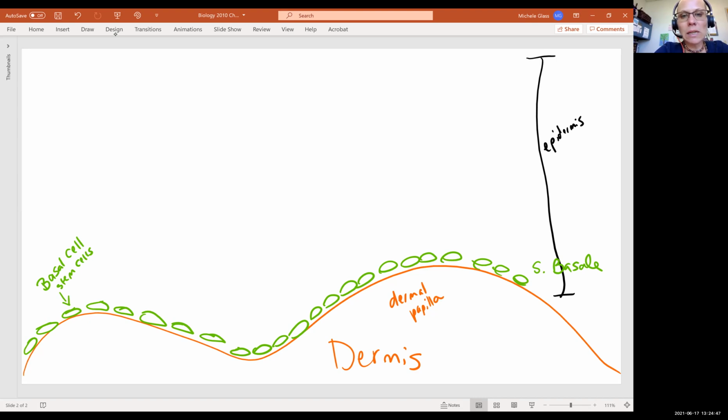And what we'll see then is this layer of cells has to be in place, constantly mitotically dividing, producing new keratinocytes, and then pushing them up to the surface. We will also see, referring to my earlier drawing that I made, a type of cell. I'm going to make it the same green color.